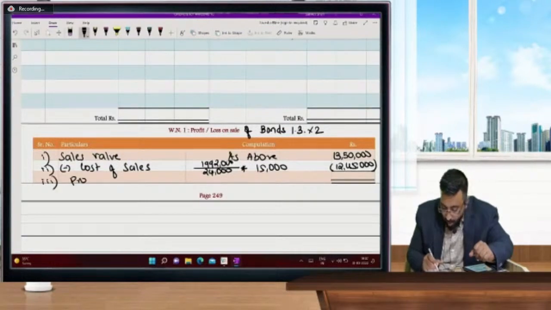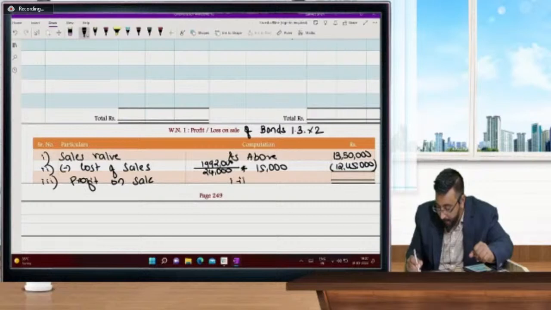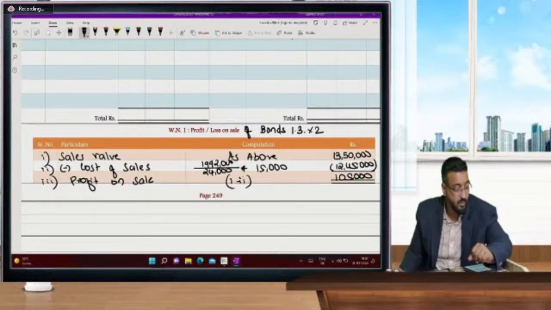So profit or loss? Profit on sale, 1,05,000.